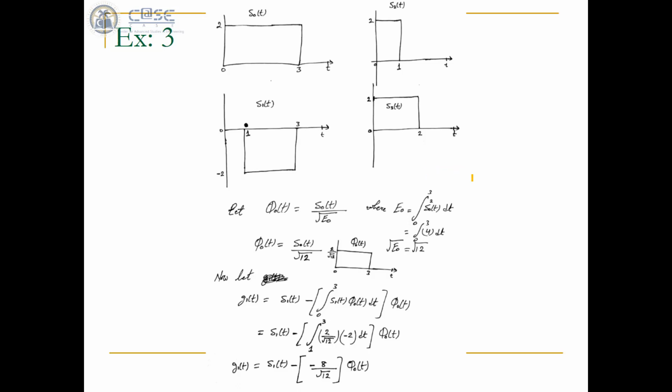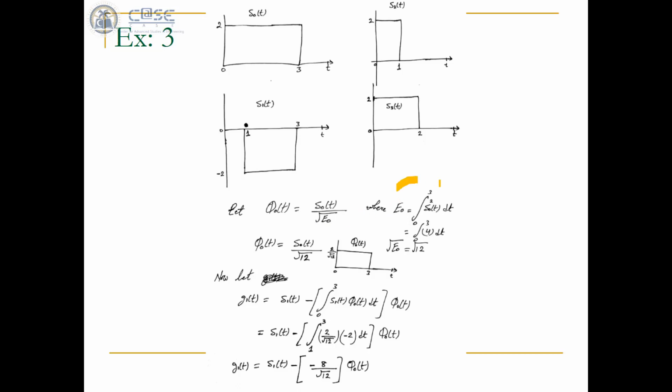As a first step, we are going to choose one of the signals arbitrarily from these 4 possible signals. We have chosen S0 of t as the first signal. The first basis function is nothing but the normalized version of S0 of t. That is S0 of t divided by the square root of the energy of S0 of t, which is E0.